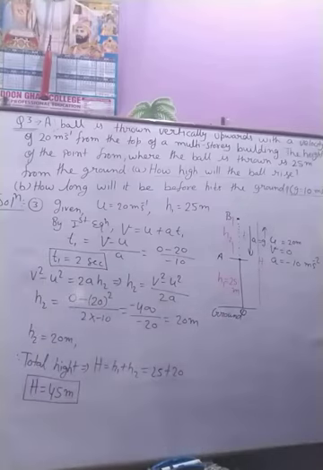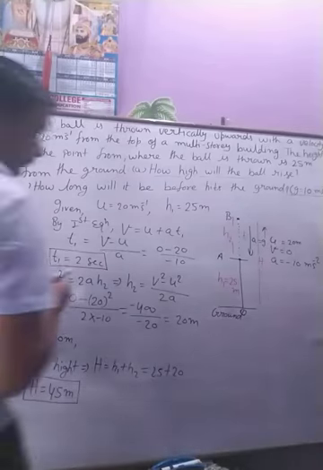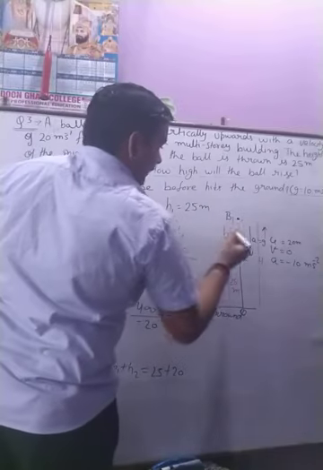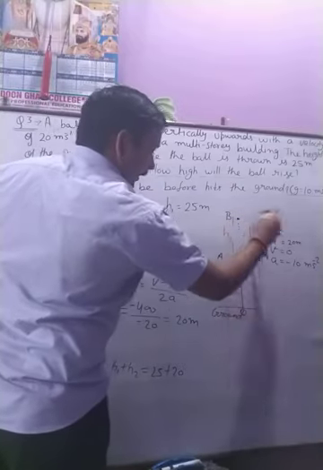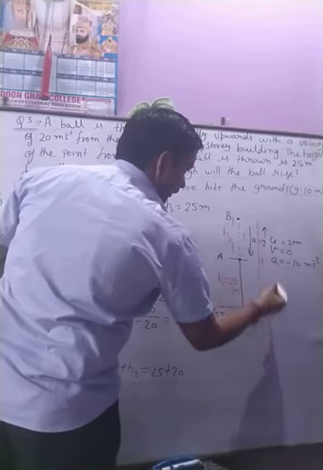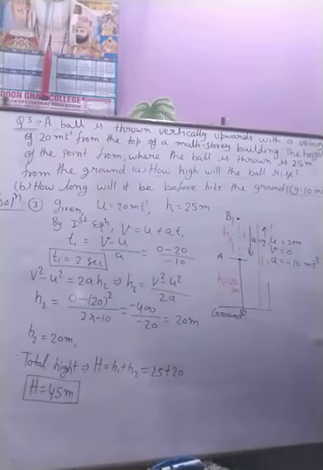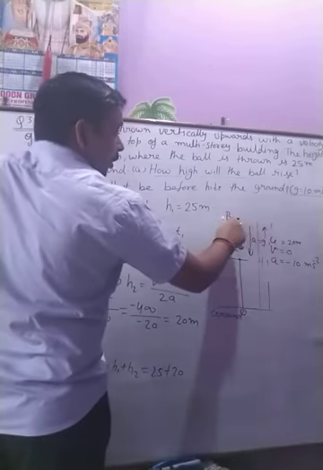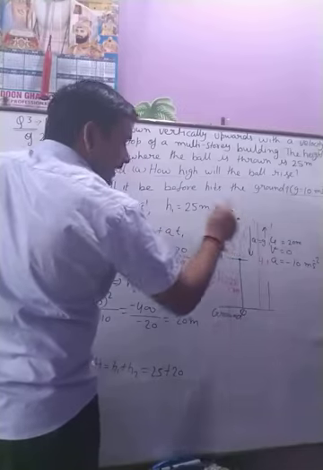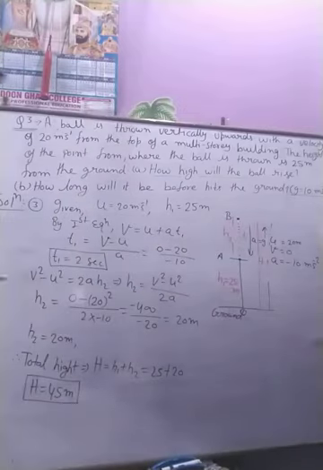Okay, now it will return back from point B to the ground. ठीक है, तो अब हमें B से C तक की वैल्यू निकालनी है. And when the ball is at point B, it has velocity 0.